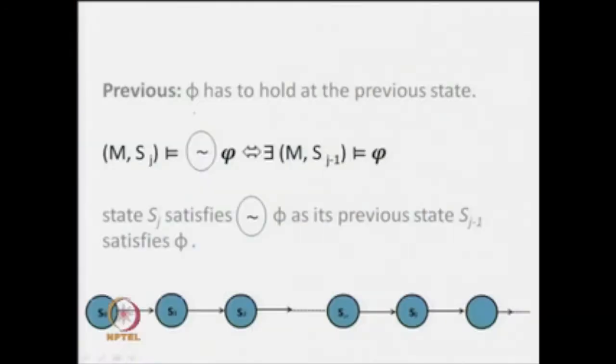For the previous operator, we are going to look at a particular model M, and a state S j. Now, when can we say that state S j of model M satisfies the formula previous phi? If M, S j minus 1 models phi, then we can say that previous phi is true in that particular state S j.